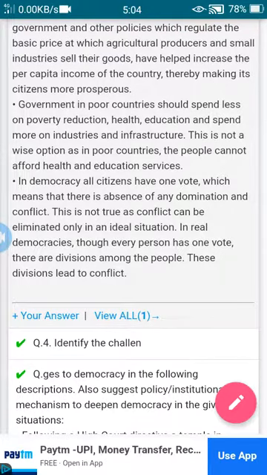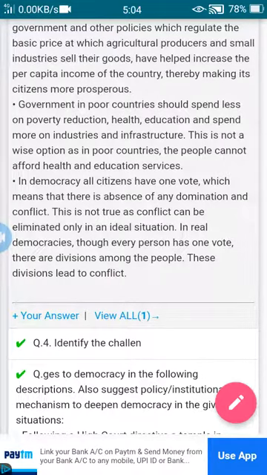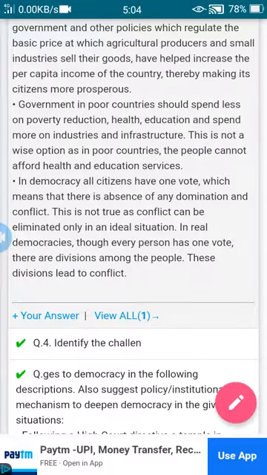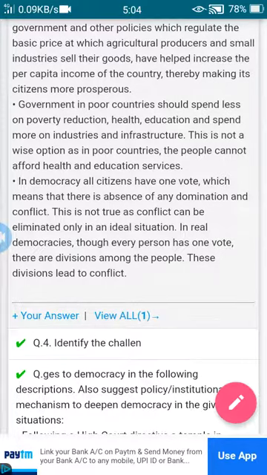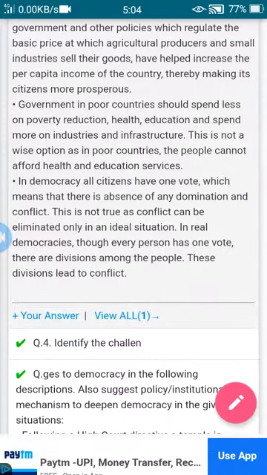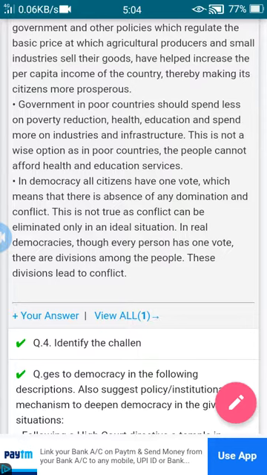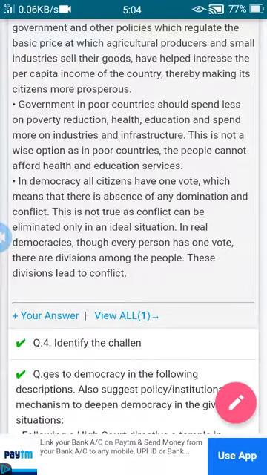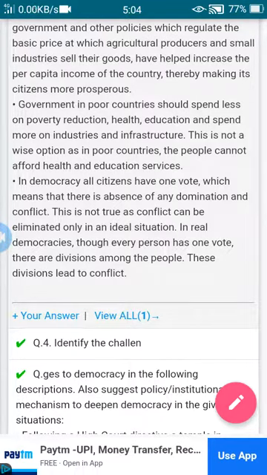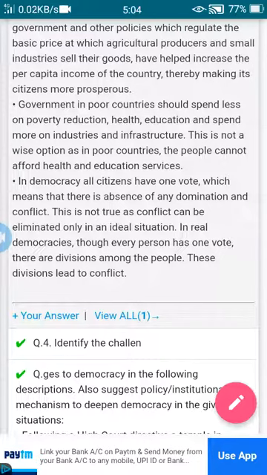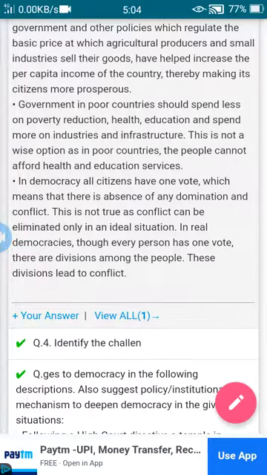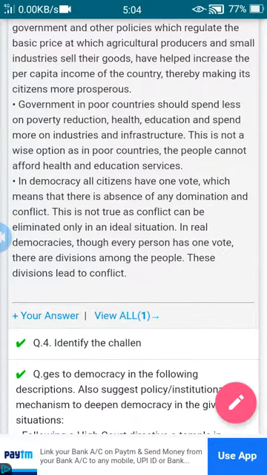Fourth one, in a democracy all citizens have one vote, which means that there is absence of any domination and conflict.